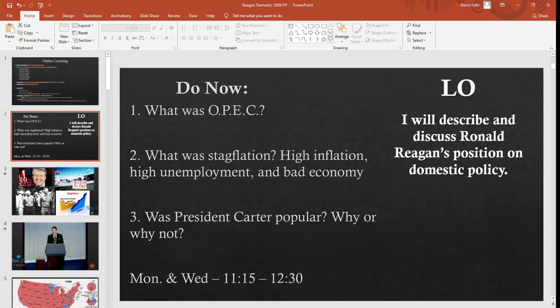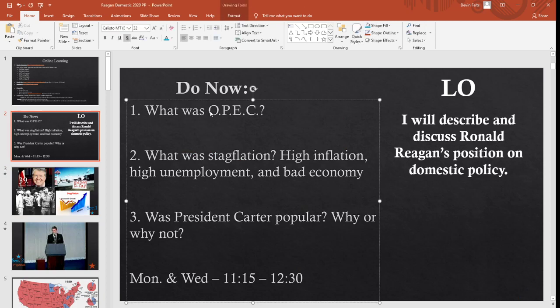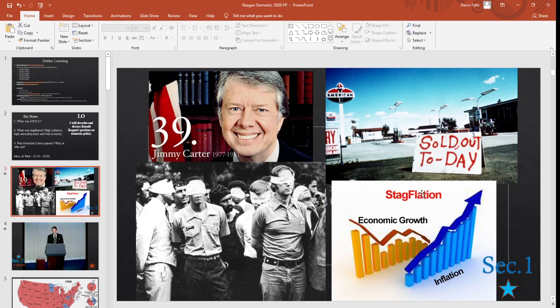It's the Organization of Petroleum Exporting Countries, and many of these guys are in the Middle East. So whenever we decide to back Israel, they stop exporting oil to the United States. What this does is it causes a shortage of oil and it kills the economy, and we have stagflation, right?